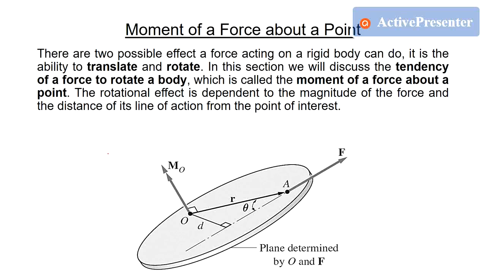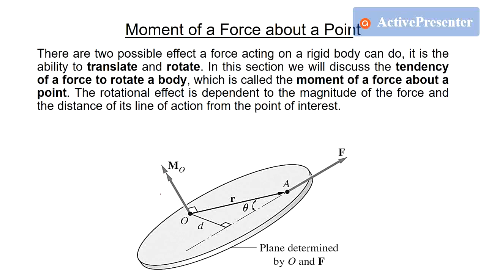A moment of a force about a point, or simply a moment, is indicated by a double-headed arrow as shown in the figure. It is to distinguish a moment from a force, which is a single-headed arrow. Its direction is also in the direction of the double-headed arrow.